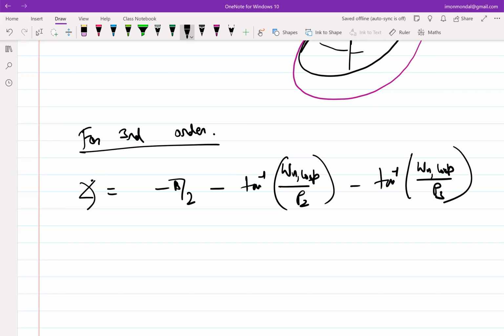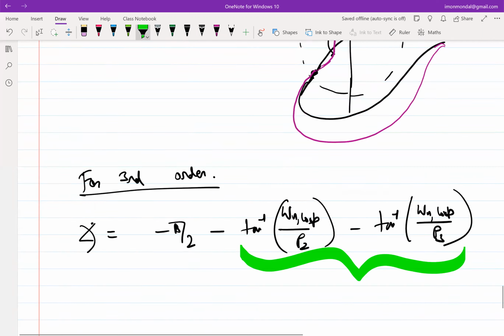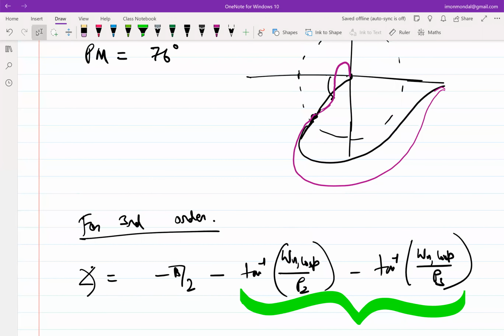Now, in a third order system, you are constrained by the fact that the excess phase lag due to these terms has to be 14 degrees. In the second order system, it would have been okay for only one pole to give you that extra 14 degrees. But in a third order system, now you have 2 extra poles. The summation of the phase lag of those 2 poles at omega u loop has to be 14 degrees.